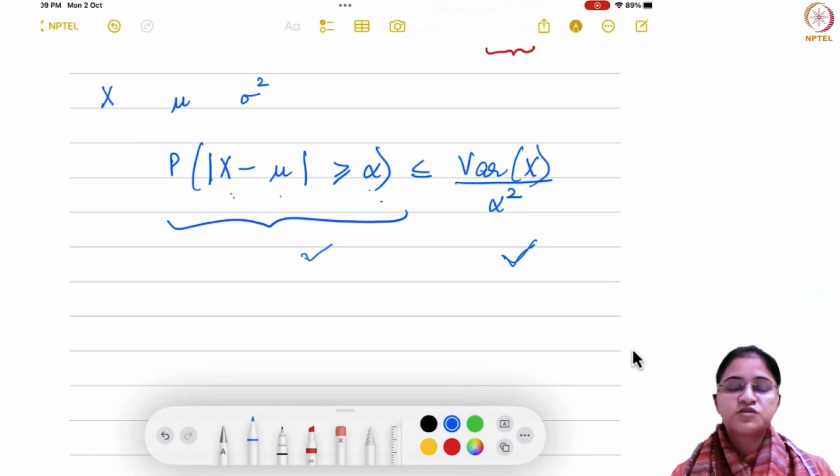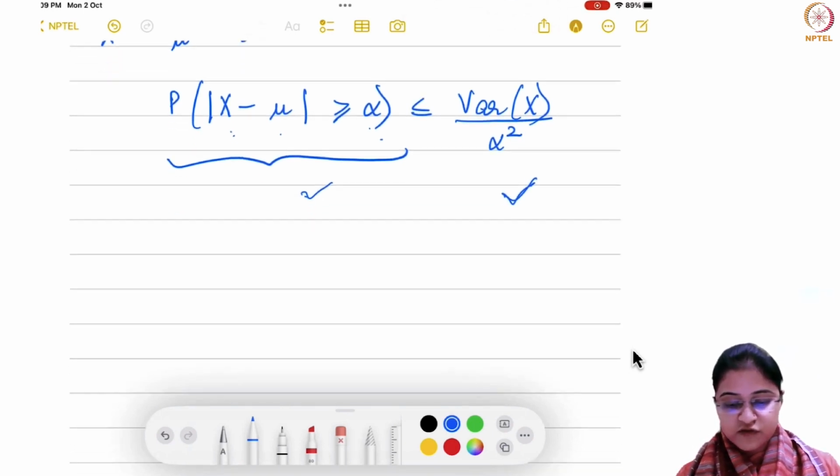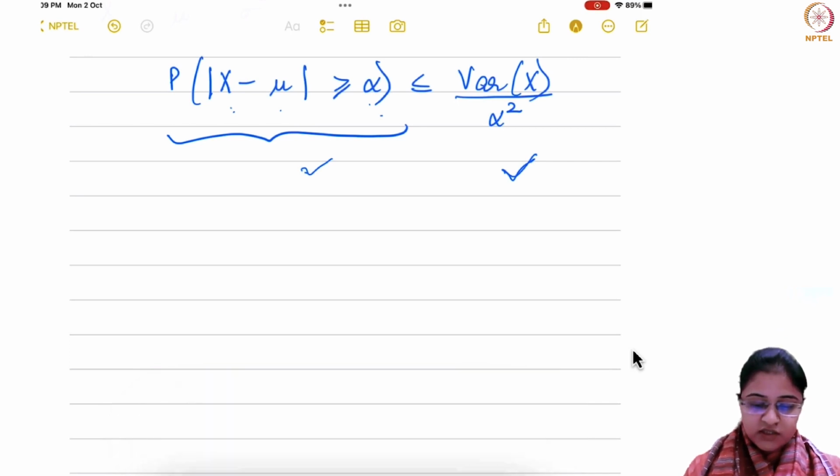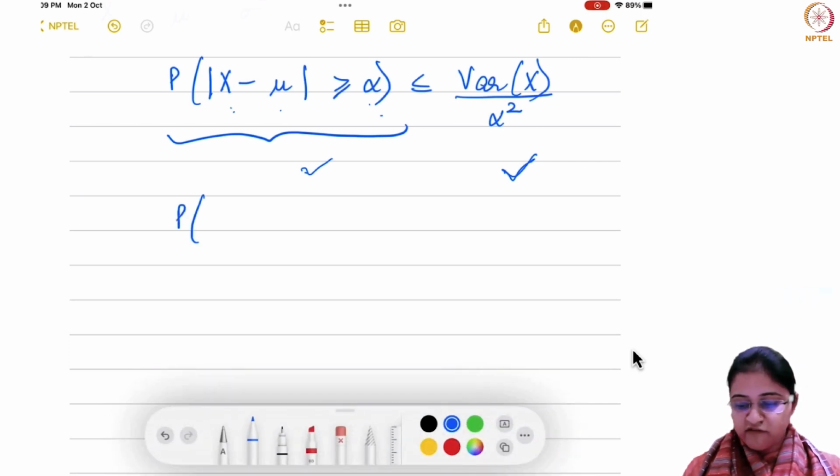They would not be spread far out from the mean. So the theorem also gives you the same answer. And now in this inequality, suppose you take alpha as k sigma, then you substitute it for the modulus of x minus mu over here.